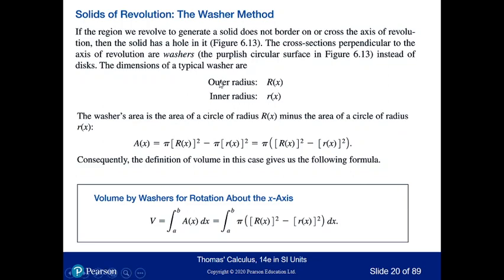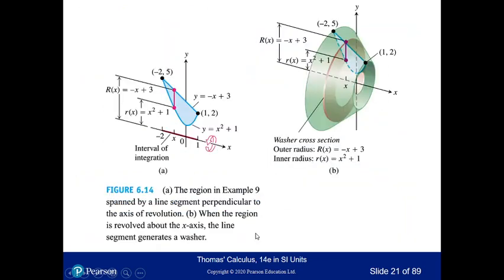Okay, so outer radius is R(x), inner radius is little r(x), and A(x) is pi R(x) squared minus pi r(x) squared, which you can combine like this: pi times parentheses capital R squared minus little r squared, and then you just integrate this A(x), and that's very easy.